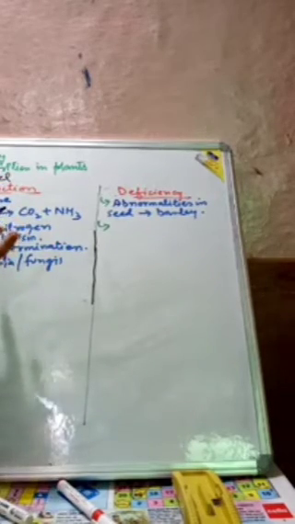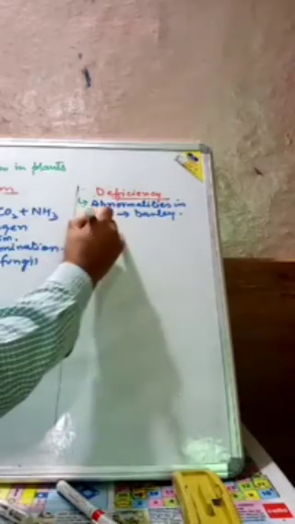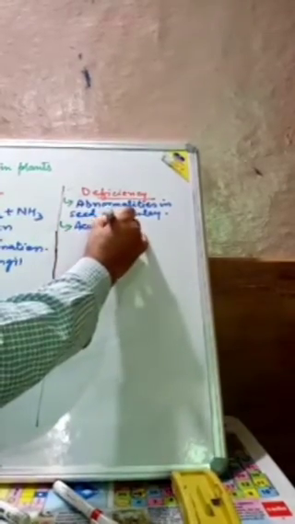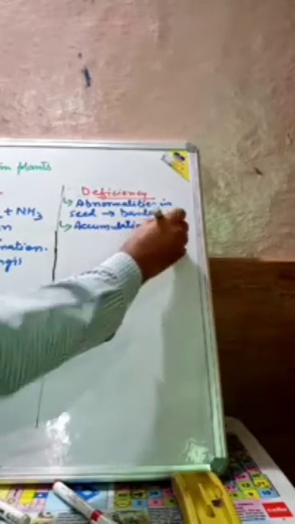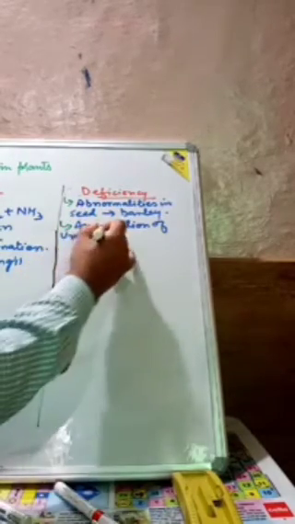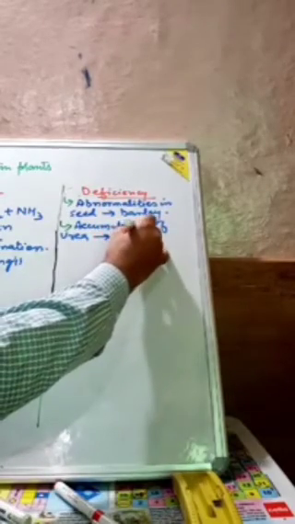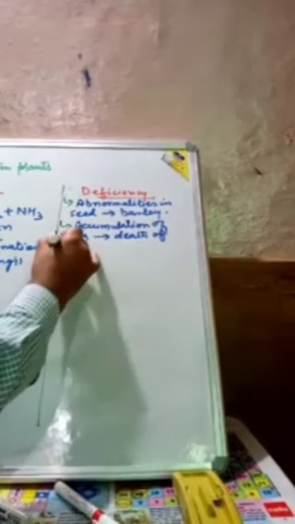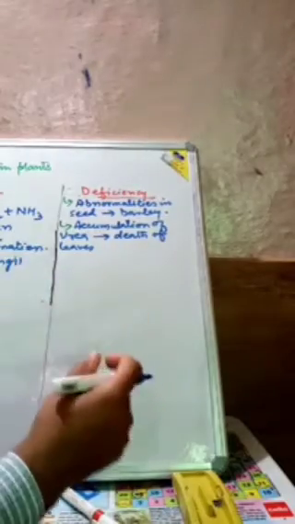When there is a deficiency of nickel in the plant, there will be an accumulation of urea in the plant tissue, because we do not have the enzyme that converts urea into ammonia. In the leaves, when the accumulation of urea becomes too high, it will lead to the death of cells in the leaves, and that is also called necrosis.